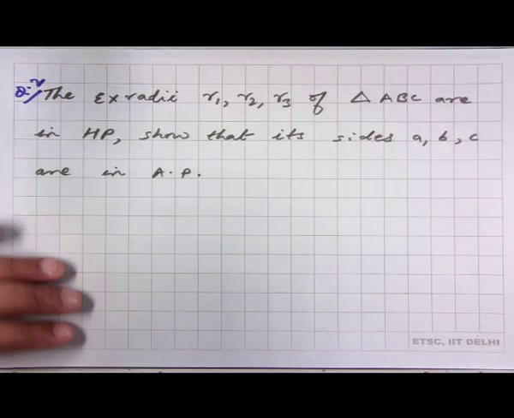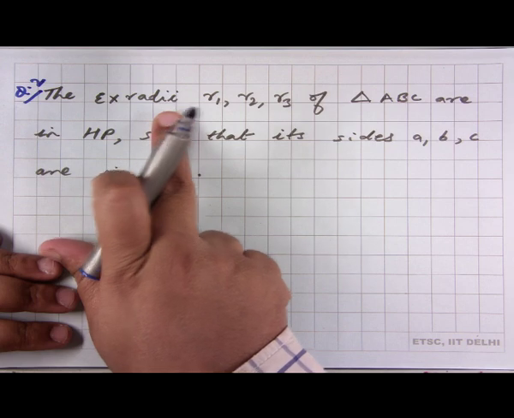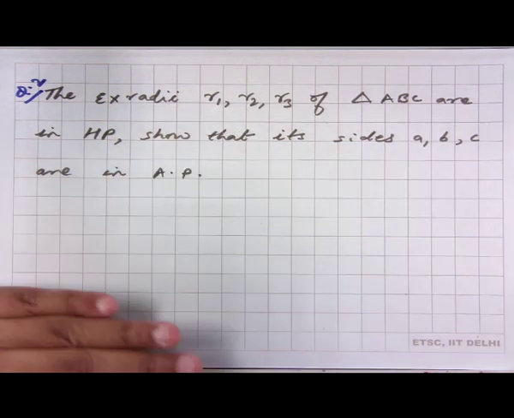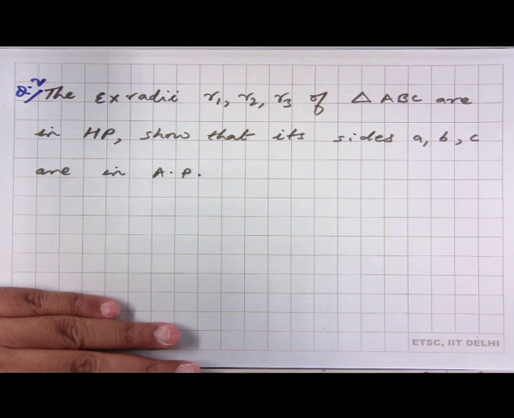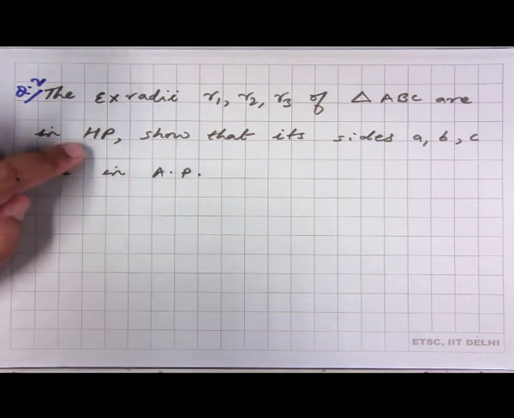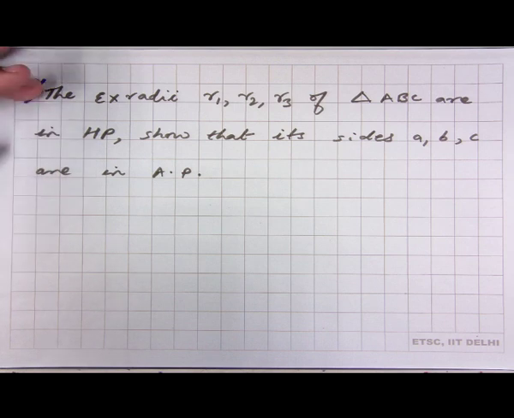It is said that the exradii, which are basically the radii of the escribed circles R1, R2 and R3 of a triangle ABC, are in HP. HP stands for harmonic progression. And then we are asked to show that the sides A, B and C are in arithmetic progression.